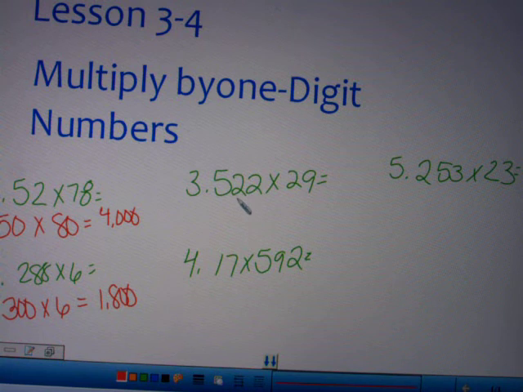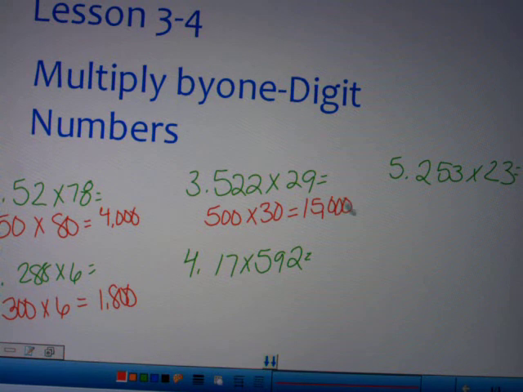For 522 times 29, I would change this to 500 times 30, and that gives me an answer of 15,000. For number 4, I would change this to 20 times 600, and that gives me an answer of 12,000.